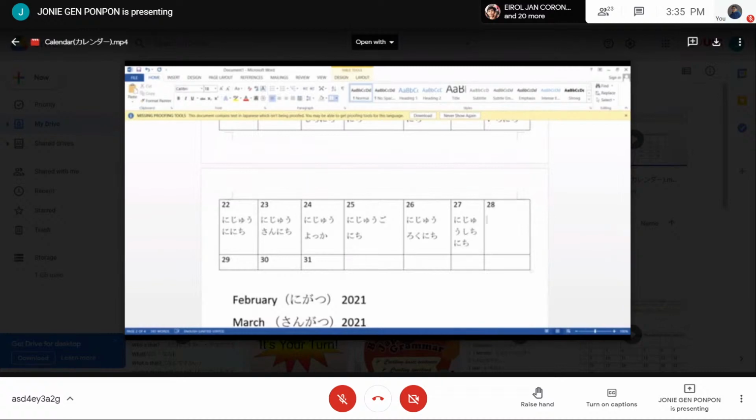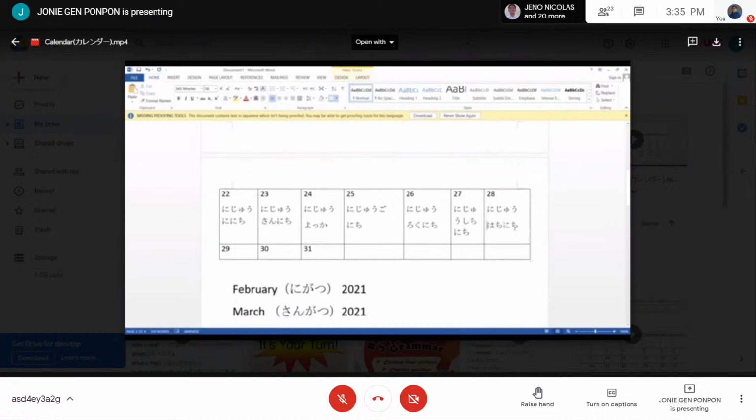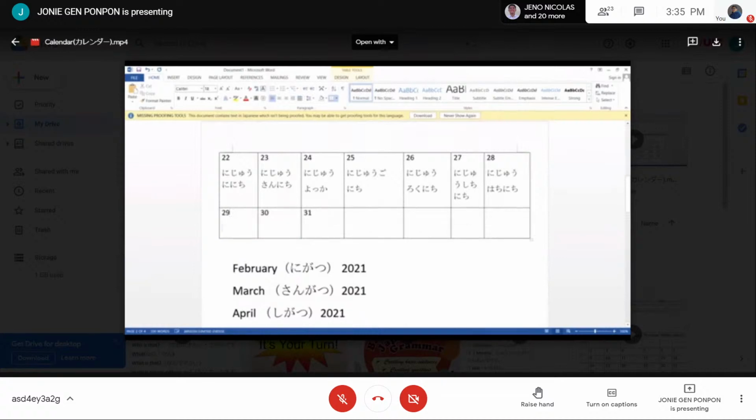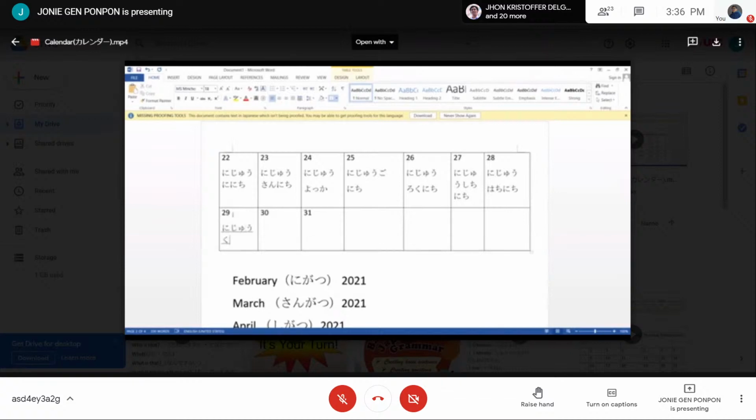And then for the 28th day, 28 plus nichi is nijuhachi nichi. For 29, another exemption that is not nijukyu nichi, but nijuku nichi.